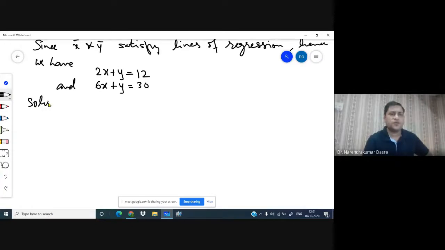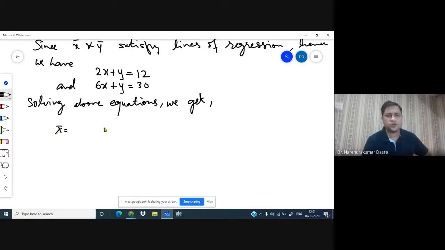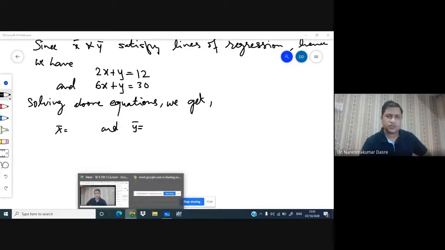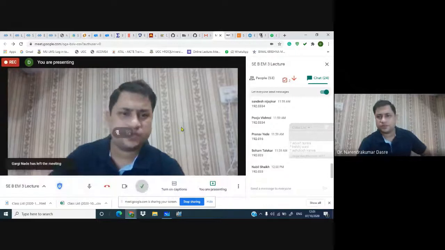Solving the above equations, we get x bar is equal to and y bar is equal to. What values of x bar and y bar are you getting?